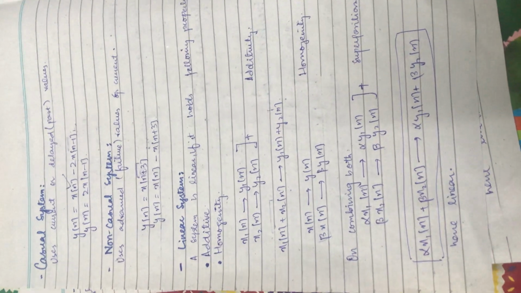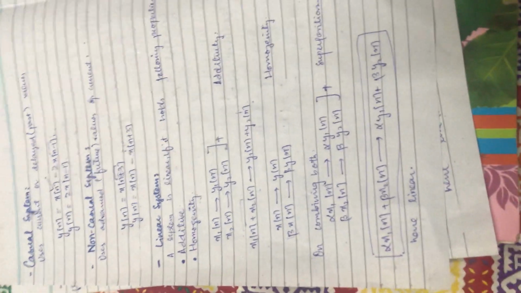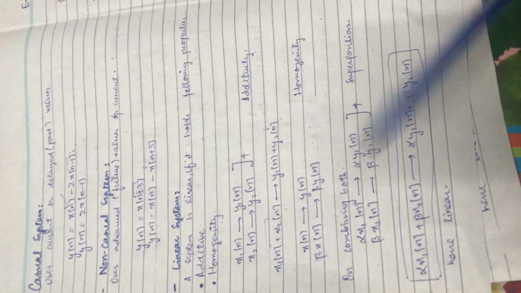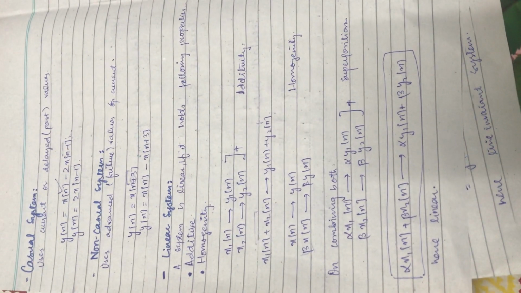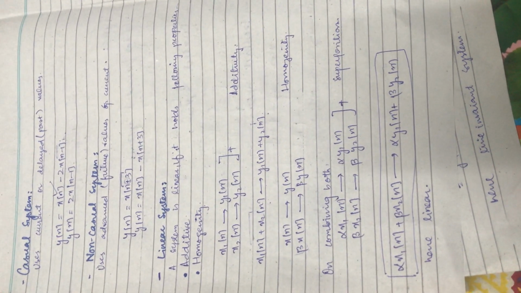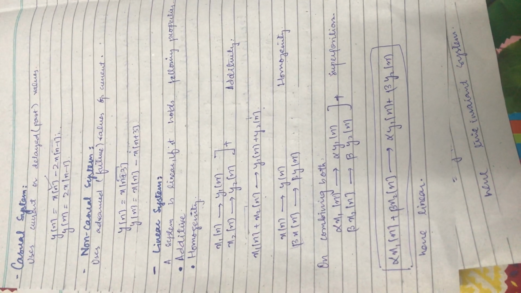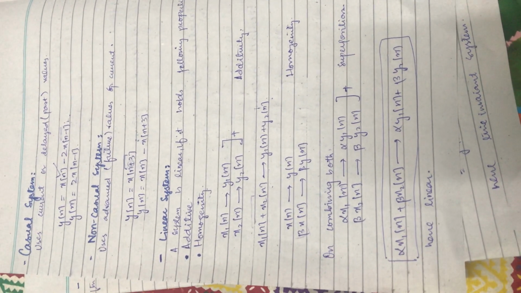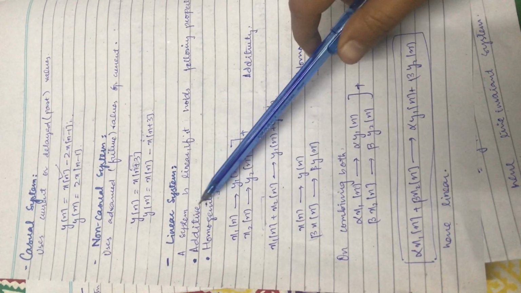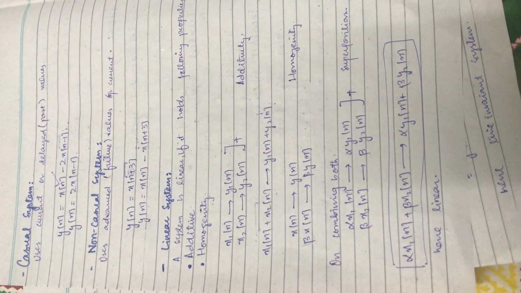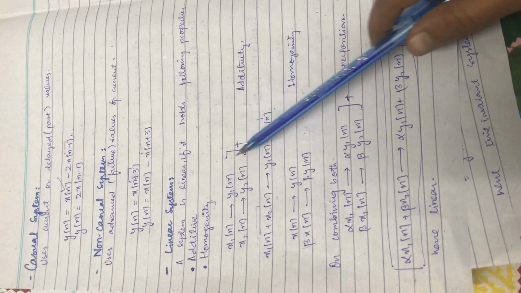Come to one of the most important types of system, which is the linear system. If we want to check whether our system is linear or not, we will have to check whether it holds the property of additivity and homogeneity. For checking the additivity, for example, we have two signals.